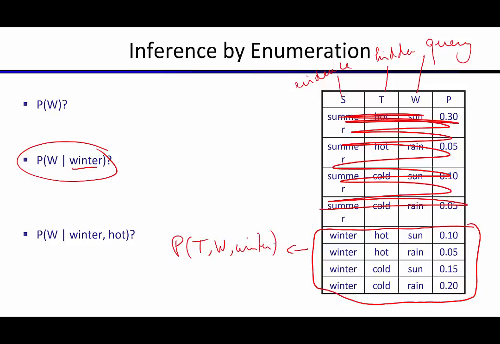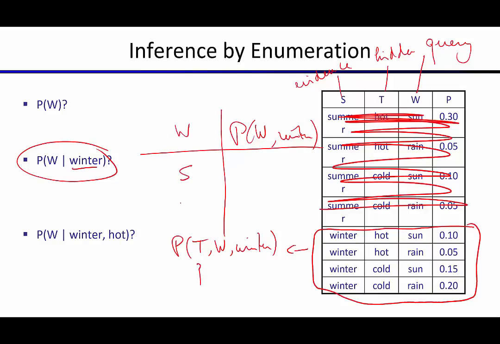We want to go from that to the distribution for just weather, comma, winter, and then later we'll normalize. So to get weather, comma, winter, we need to get rid of this temperature variable here. Weather could be sun or rain.